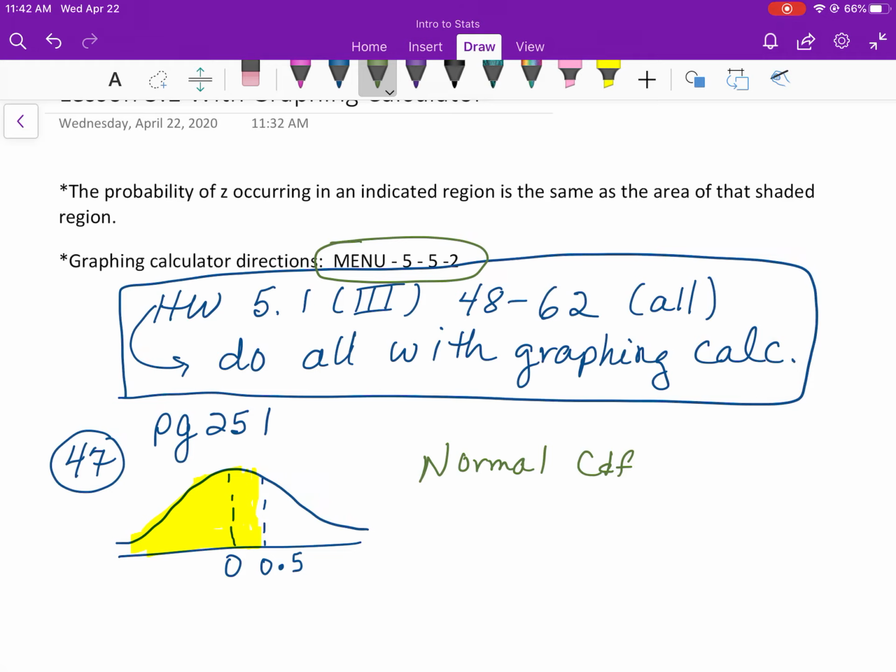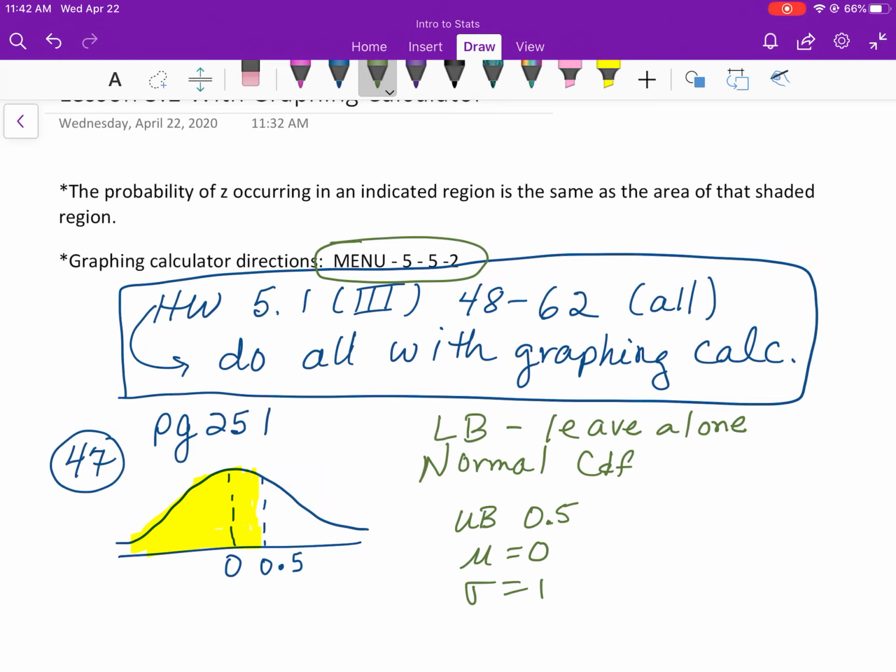So just leave that alone. And for the upper bound, I'm going to have you put in the 0.5. Leave the mean at 0 and the standard deviation at 1. You're leaving them there because this is a normal curve. So, I'm sorry, the lower bound, leave alone. I said that wrong.